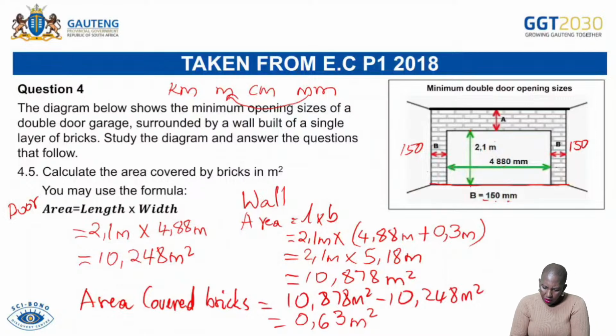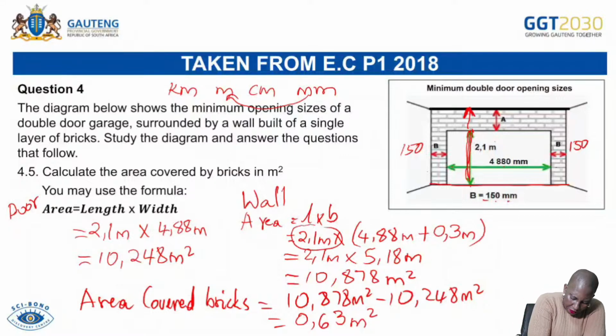Remember now, there's something missing. Can you see? We made a mistake here. For the height of the wall, it's not only the height of the opening, we must also include this part of A. And remember A, we said it was 0,45.